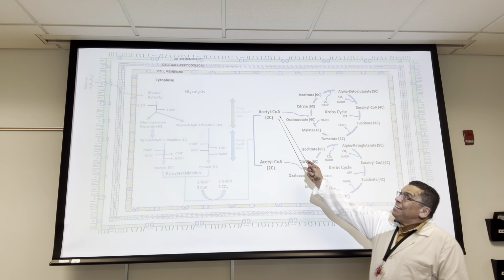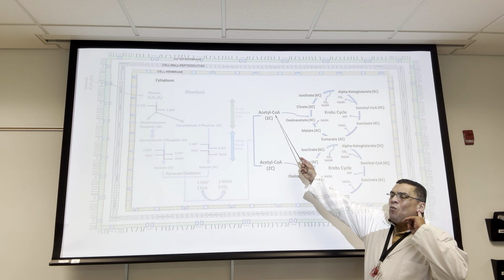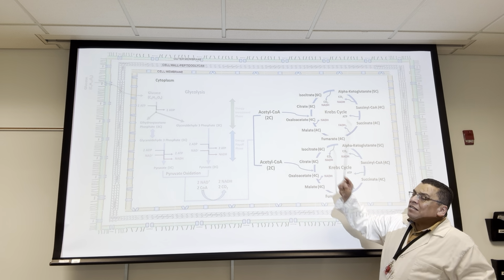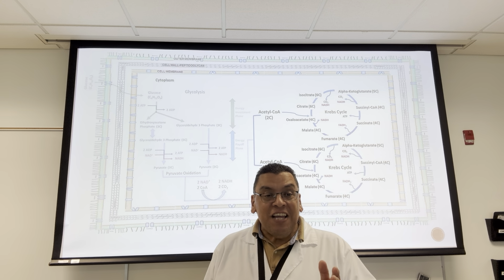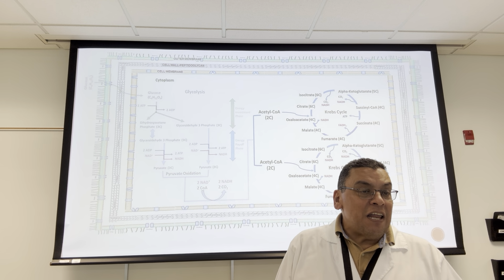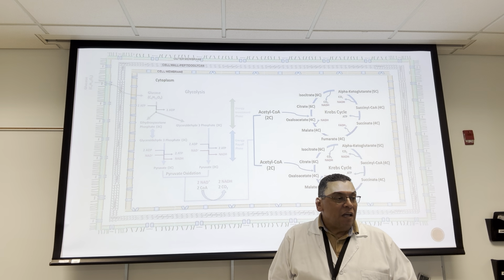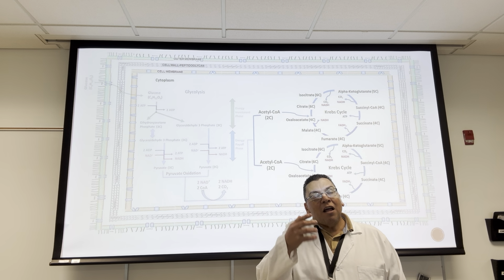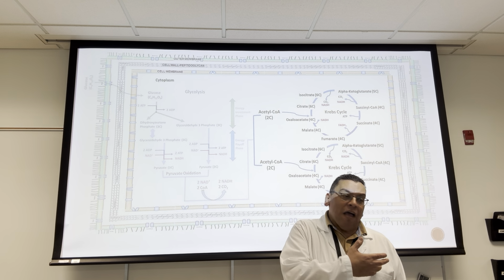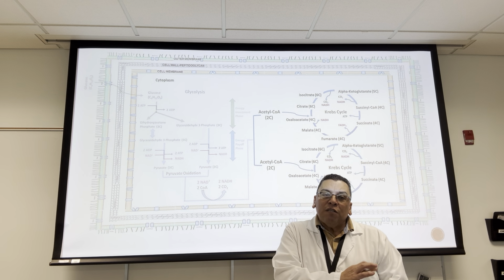It starts with acetyl-CoA, listen to the word, combining with oxaloacetate. I never said, and I will never say, even though you're going to think I said it, that acetyl-CoA becomes oxaloacetate. I never said that. Or you may think that oxaloacetate becomes acetyl-CoA. I never said that. What I'm saying is 2 plus 4 is 6.